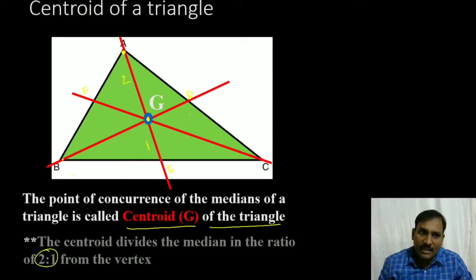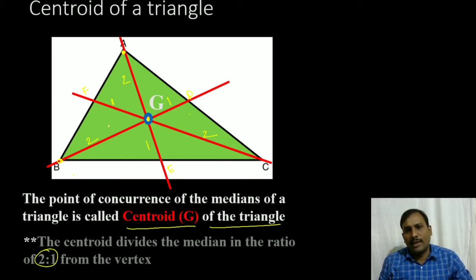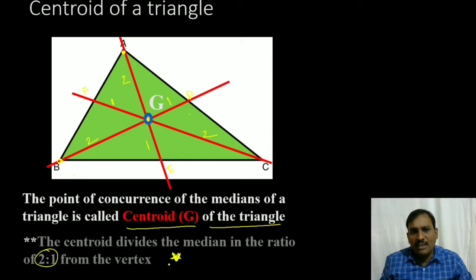And in BD, what is the vertex? B is the vertex. So 2:1. And in CF, what is the vertex? C is the vertex. So 2:1. So from the vertex, the centroid divides the medians in the ratio of 2:1. This is a very, very important point. So by using this, we will find the centroid of a triangle.